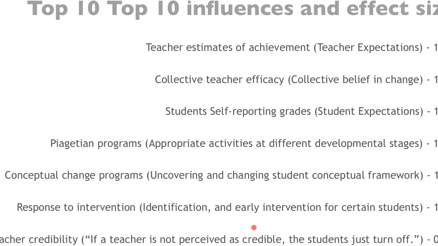Conceptual change programs, so these lend themselves more probably to the sciences. The idea about building up these mental models of the world that students have and then incrementally improving them and building on them.